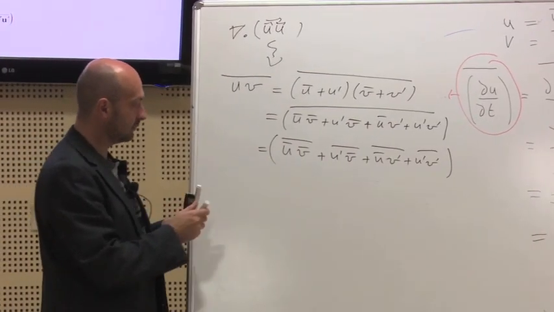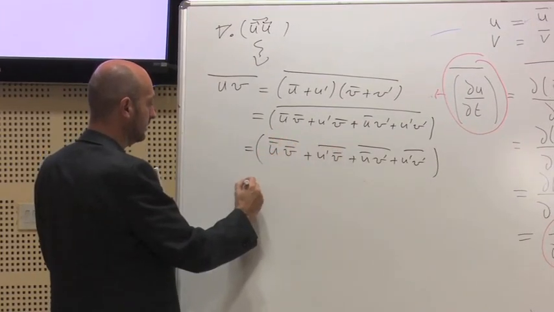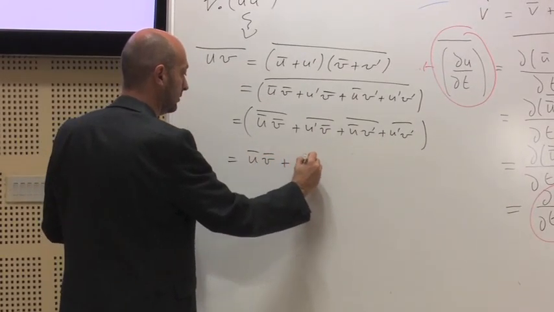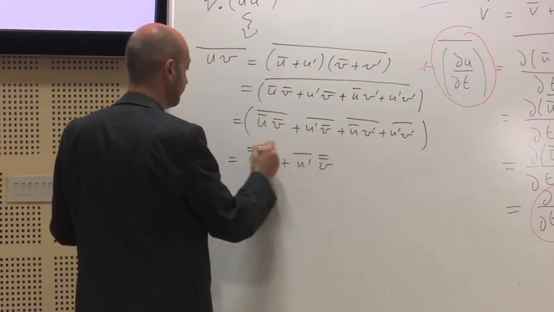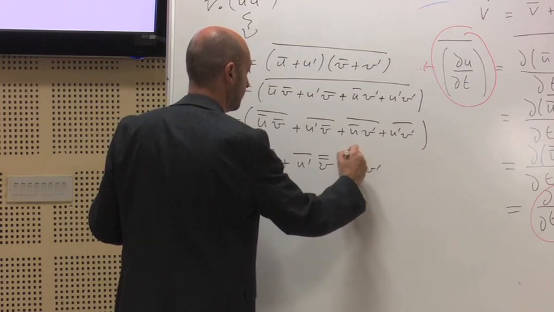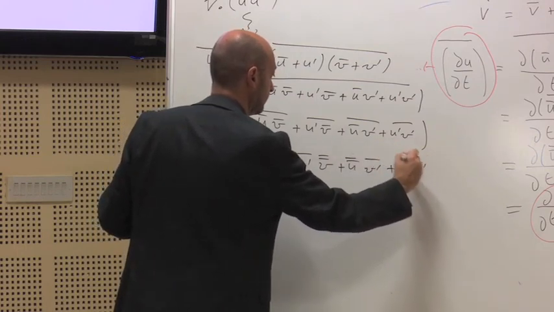And now I'm going to use the fact that you have already average, so that will be u bar v bar plus u prime bar v bar plus u bar v prime bar plus u prime v prime bar.